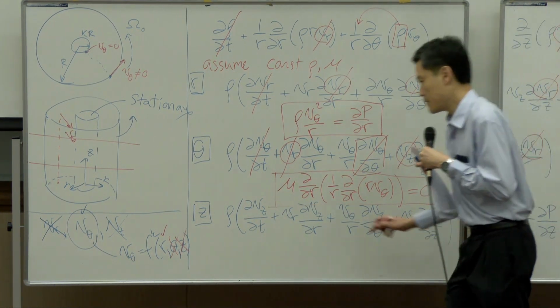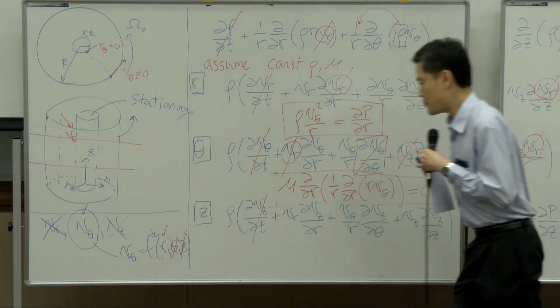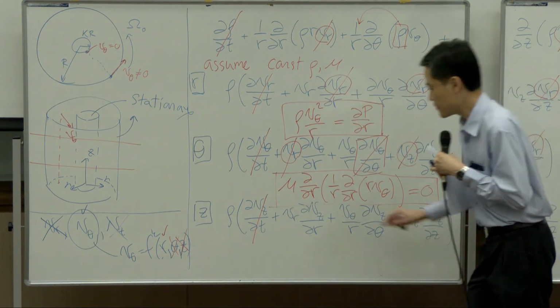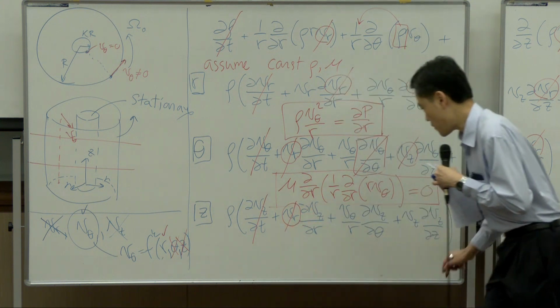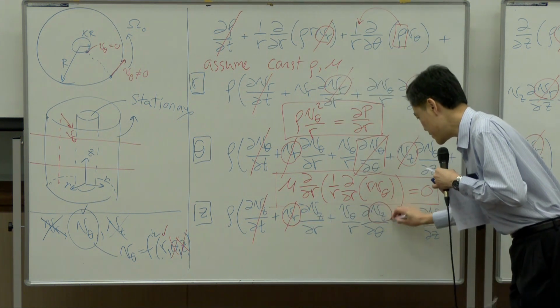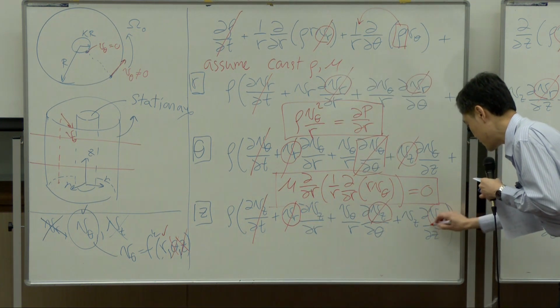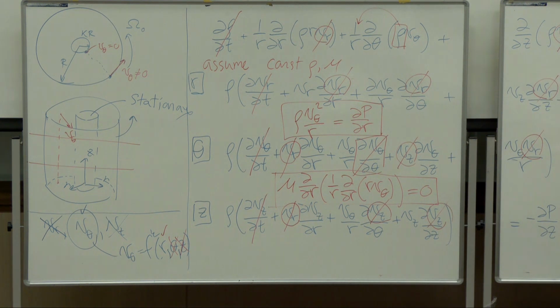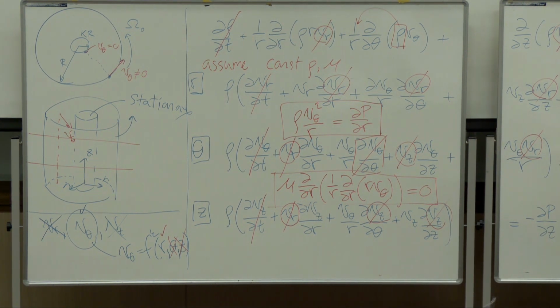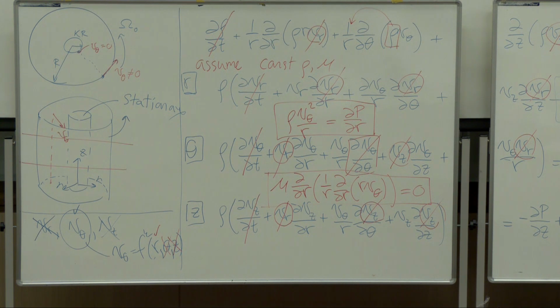For Z, steady state assumption, the first term is gone. Vr is 0. Vz is 0. So these two terms are eliminated. Is there any pressure gradient in Z direction?